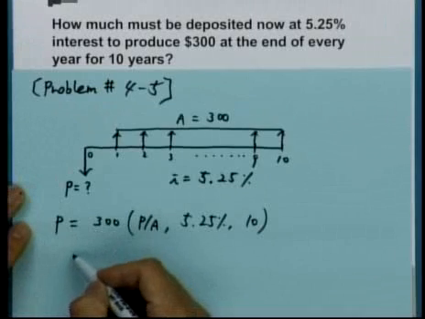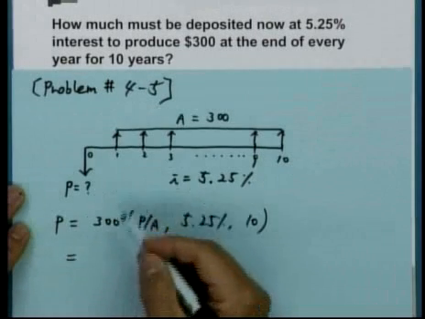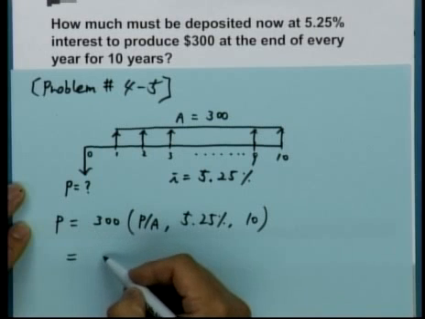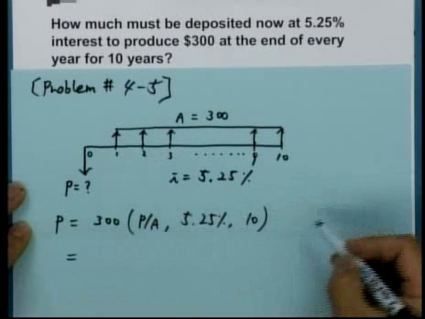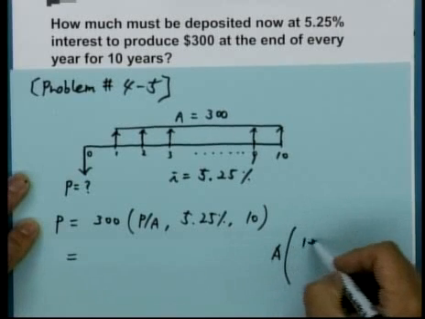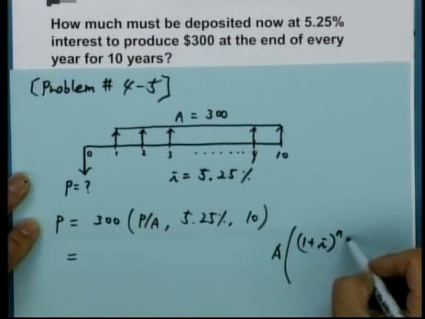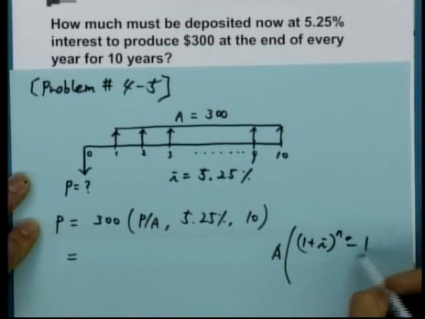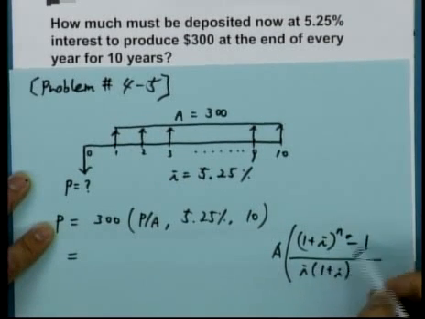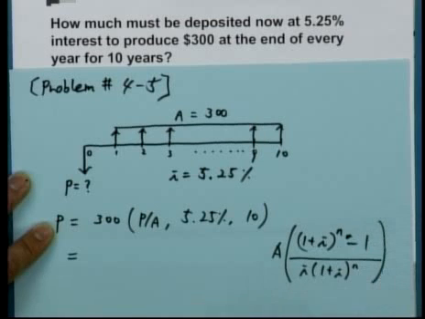And alternatively, you can use this formula, which is A times (1 plus i to the power n minus 1) over (i times (1 plus i) to the power n), right?